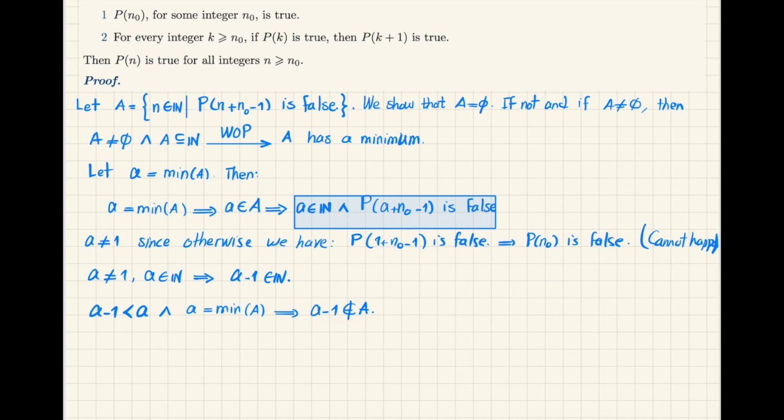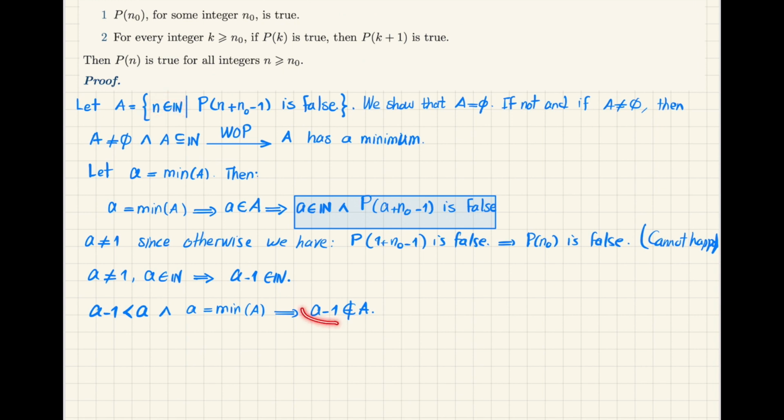So a minus 1 is not in the set. The reason for that might be two cases, yes? Either a minus 1 might violate the first condition, or it might violate the second condition, or of course both, yes? But a minus 1, we already saw that it is in the set of natural numbers, so a minus 1 cannot violate this part.